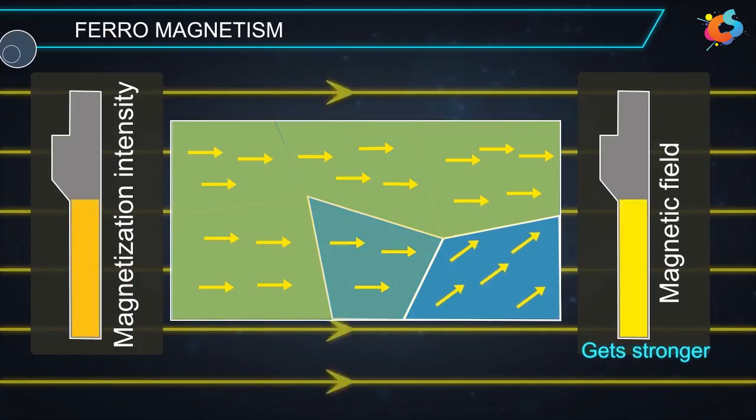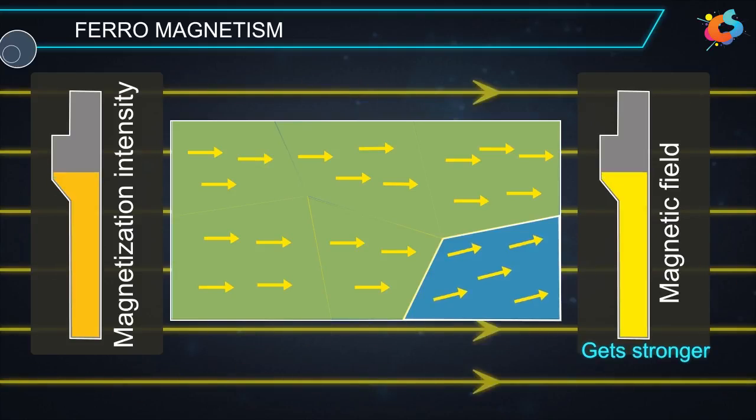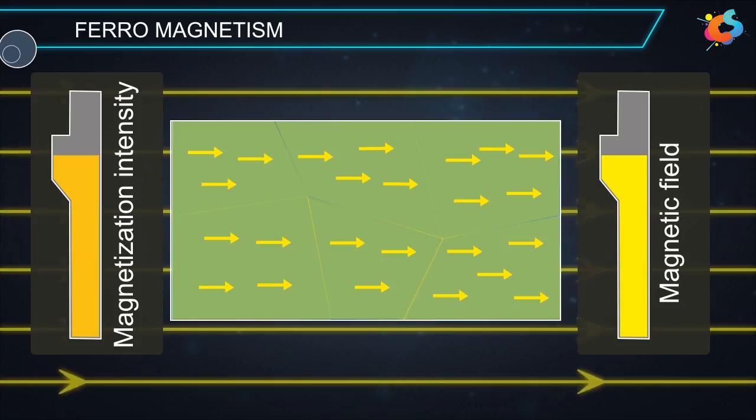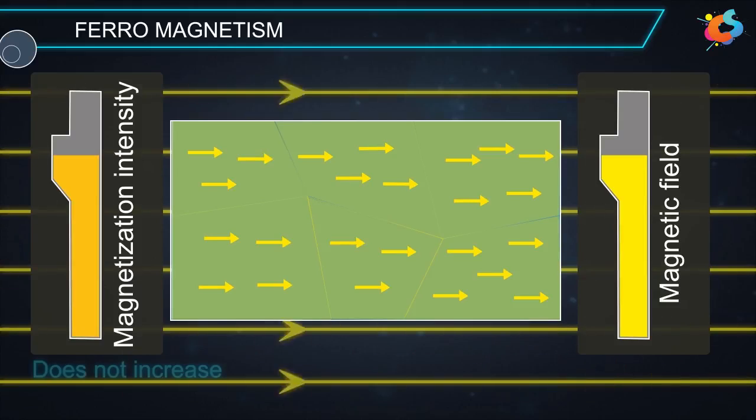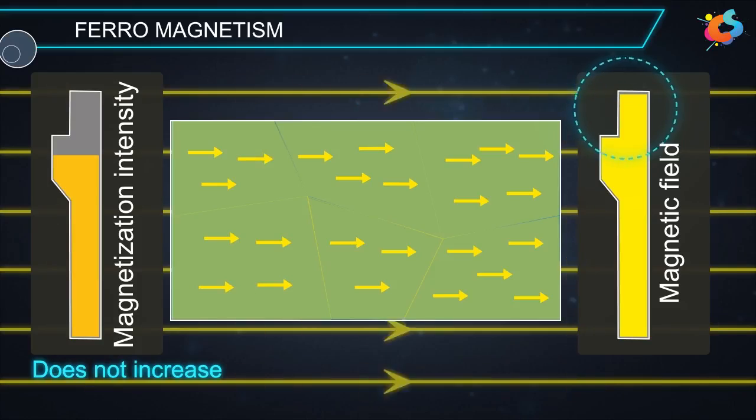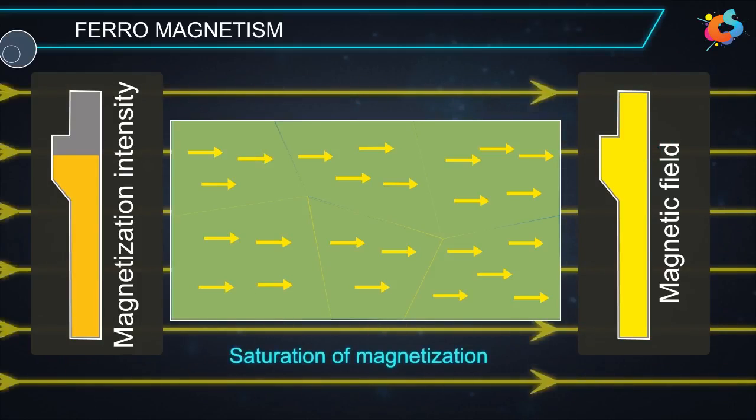Then, for a particular strong magnetic field, the magnetic moments of all the domains get aligned in the direction of the magnetic field. Now, the material is at its ultimate stage of magnetization. Magnetization does not increase even if the external magnetic field is increased. This stage is also called saturation of magnetization.